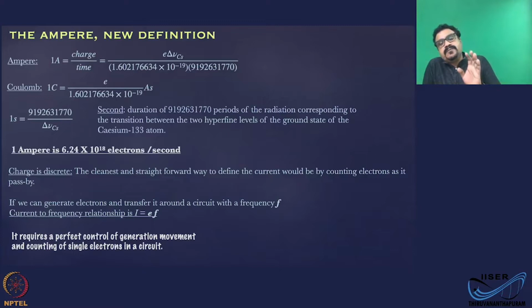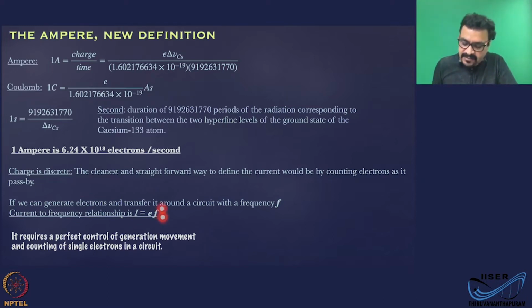So the problem now boils down to the generation and transfer of electrons periodically through a circuit with a certain frequency. Current I is defined in terms of the charge of the electron and frequency. And the assumption here, which is pretty true, is that frequency is something we can define, achieve, and measure with a very high level of accuracy. We can generate, apply, and measure frequencies in metrology.